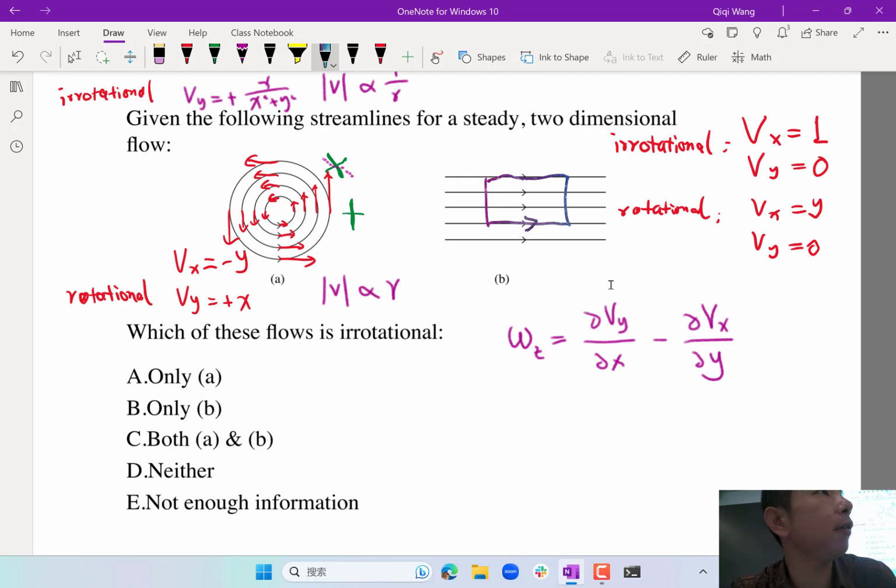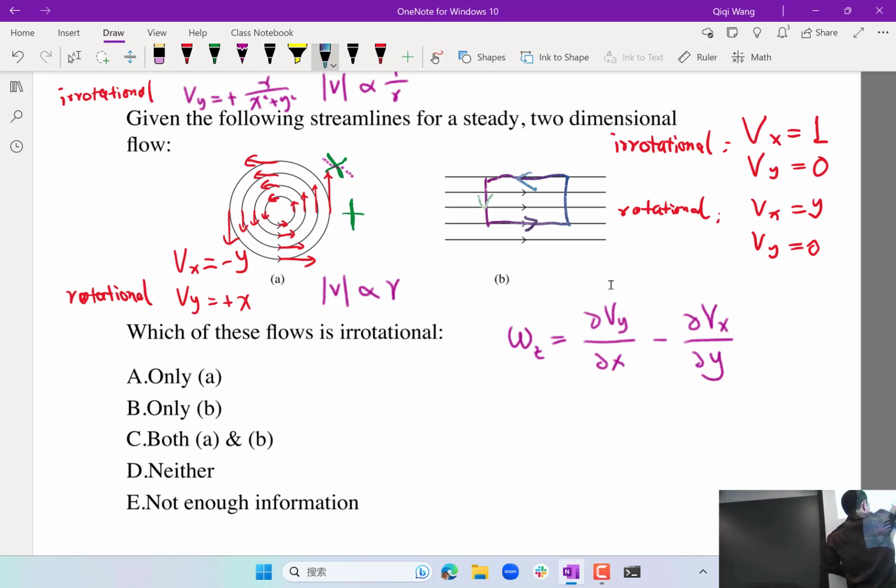As you go vertical, there is no integral, because we are taking the dot product of dl and velocity. When you go backwards, you accumulate negative integral. And then you go downwards, you get 0 integral. So this section and this section exactly cancel out in the irrotational flow field. But in the rotational flow field, because the velocity magnitude is different between here and here, it does not cancel and we get non-zero circulation.